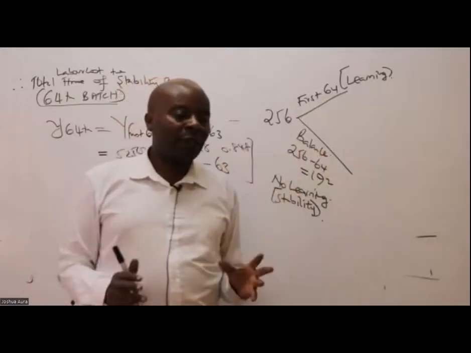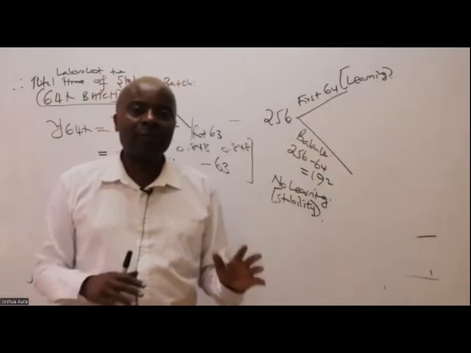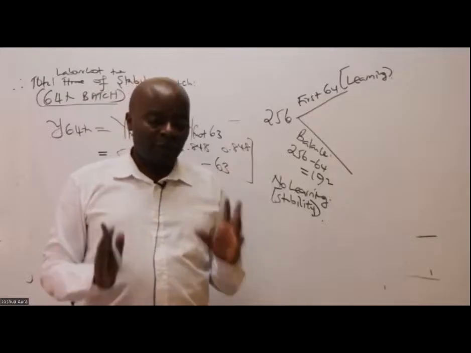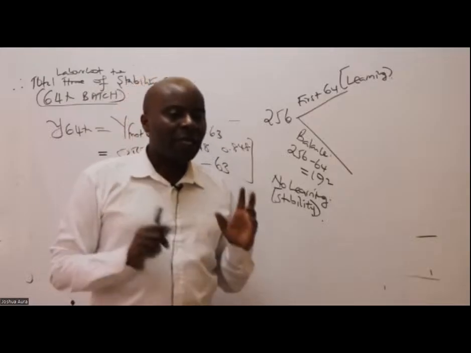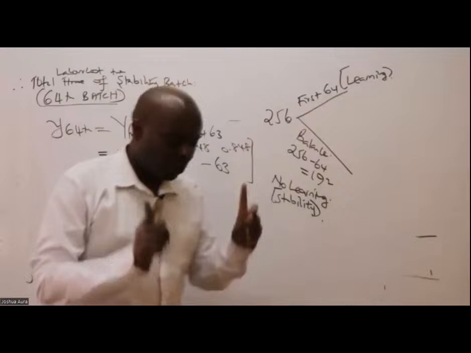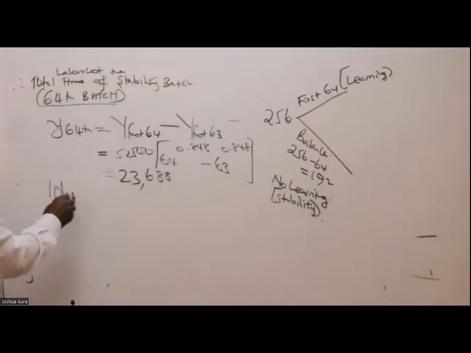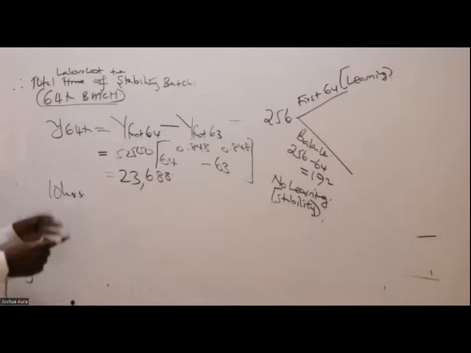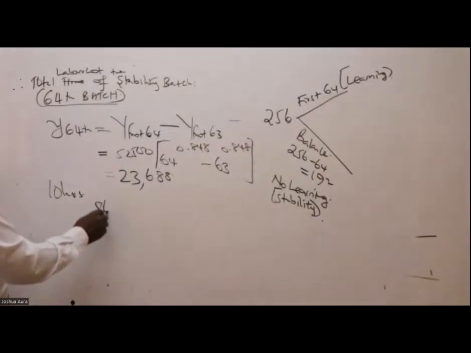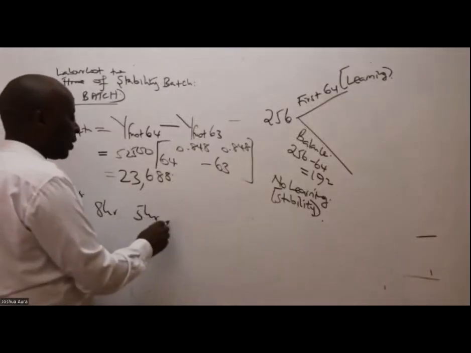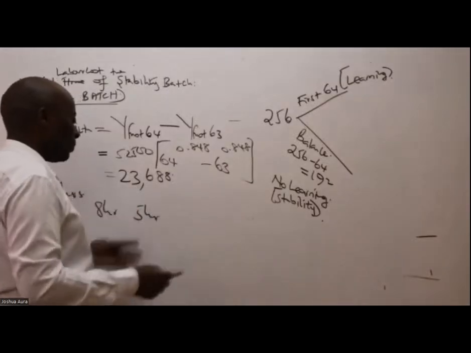Everything about it, even the shape, will be very bad because of inexperience. It may take me even 10 hours. Great. First table, 10 hours. Second table, because of experience now, 8 hours. The third table, say 5 hours. Because the more I produce, the more experience I get.